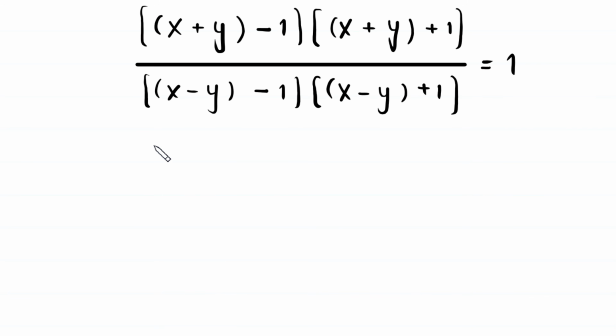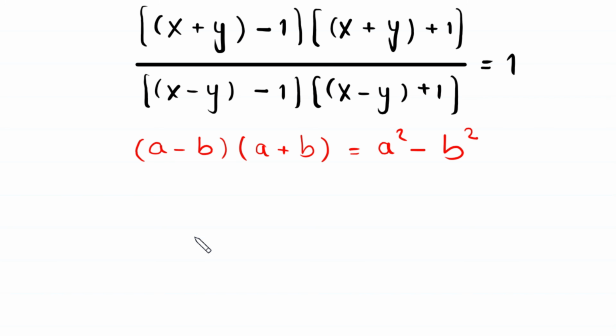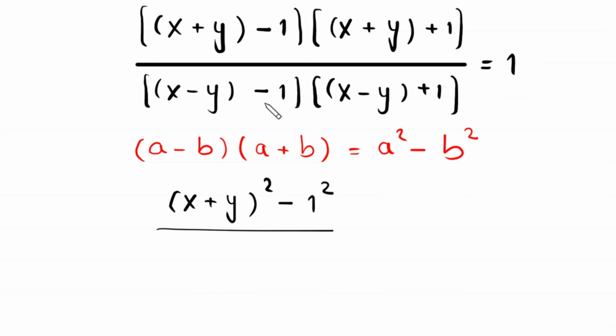Now by using this algebraic identity, (a minus b)(a plus b) equal to a squared minus b squared, this numerator will become (x plus y) whole squared minus 1 squared, divided by this denominator, which will become (x minus y) whole squared minus 1 squared equal to 1.